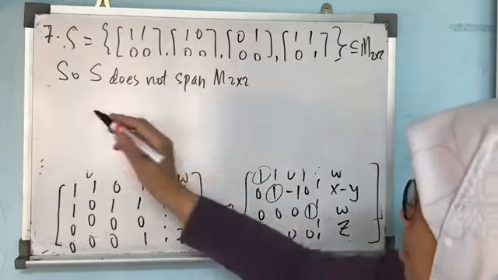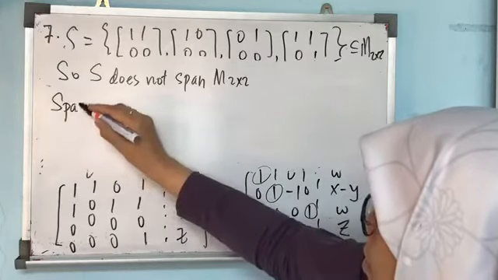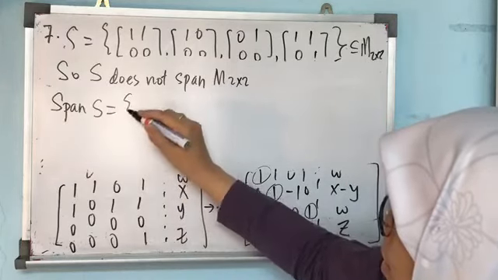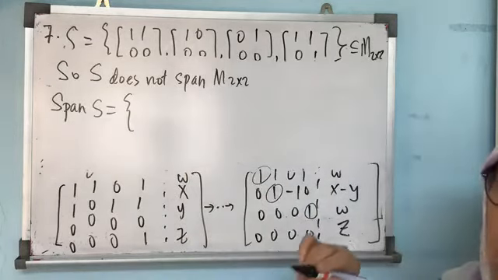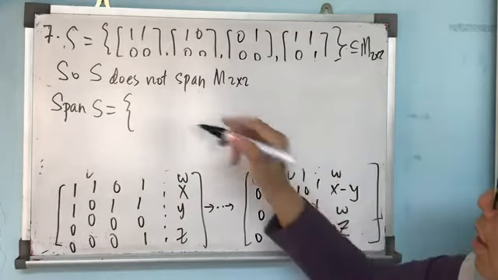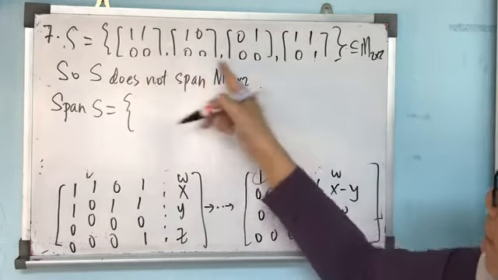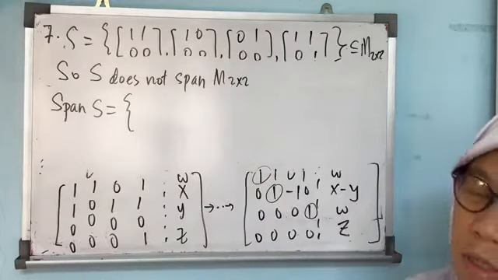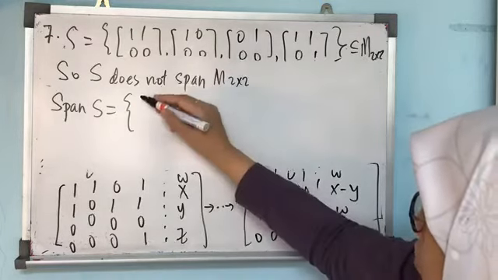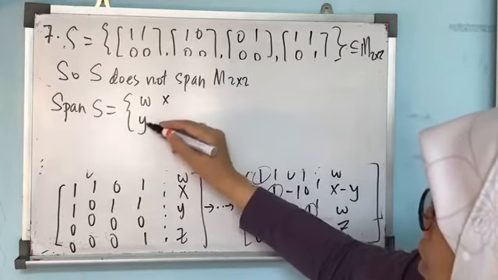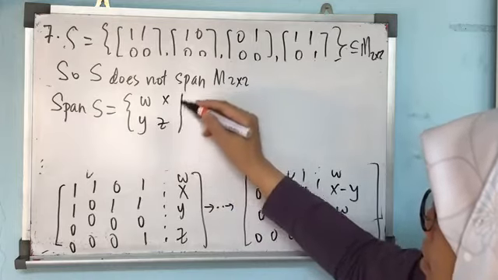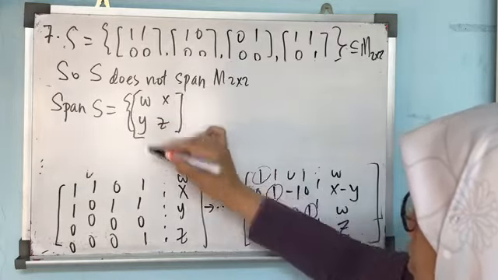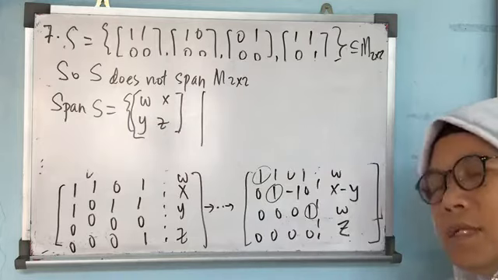What is the span? Span S, this is quite tricky because you have to know what your vector space is. Now, span S, S is in terms of matrices. So you have to write in terms of W, X, Y, Z, sorry, in terms of matrices. What is the condition?